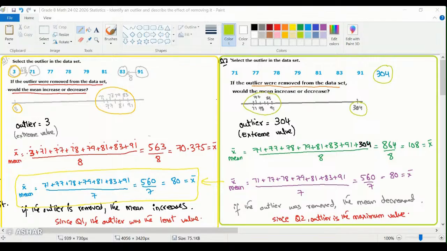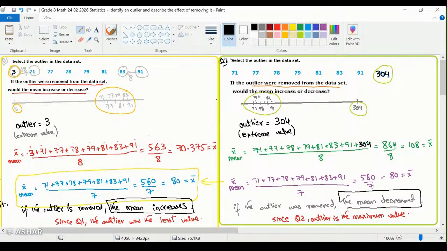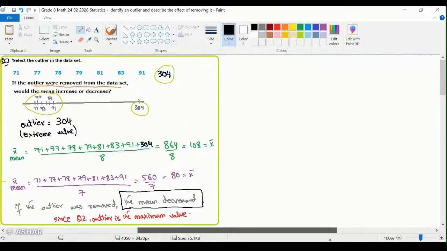I'll recall that. If the outlier is the minimum number, then the mean will increase. If the outlier is the maximum number, the mean will decrease, right? Let's look at question number 3.